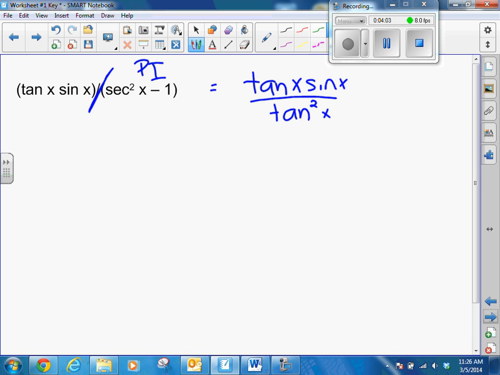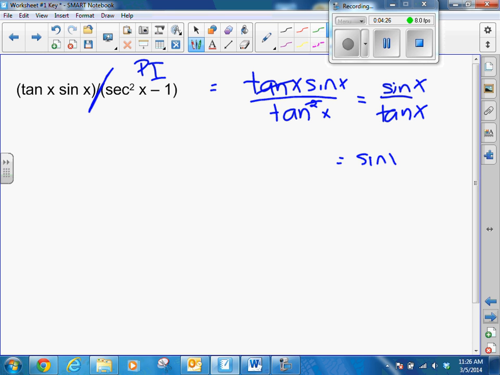You can cancel out 1 tangent. So 1, 1, which leaves me with sine over tangent, which I can change tangent now. Now, here's the thing. Yes, this is simplified, but think of it as a fraction that I can keep dividing things out of. Okay, so that's what I'm going to do here.